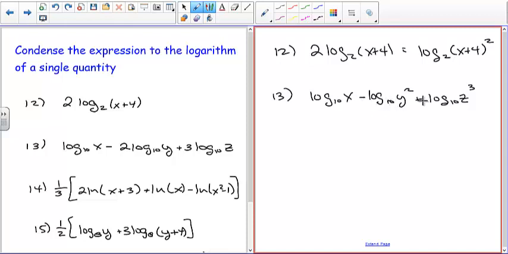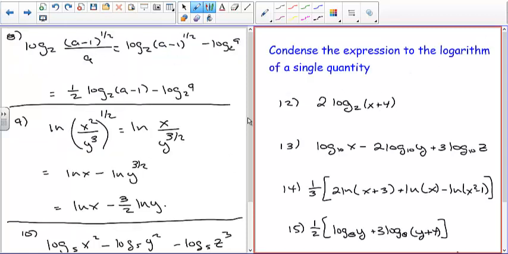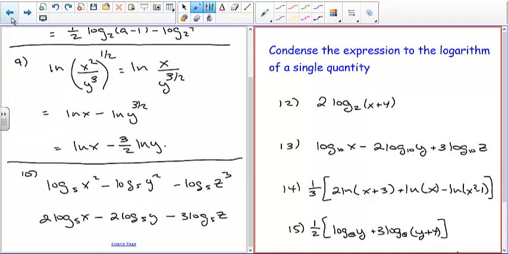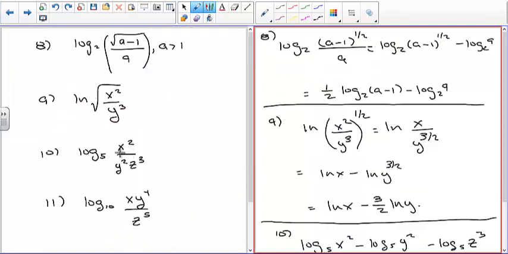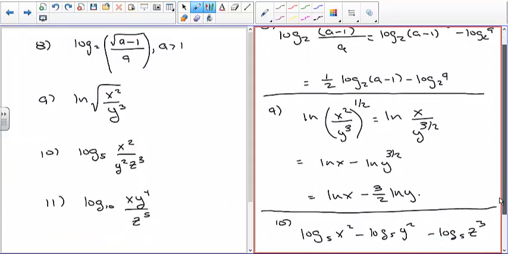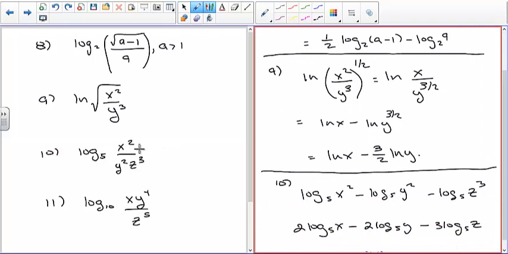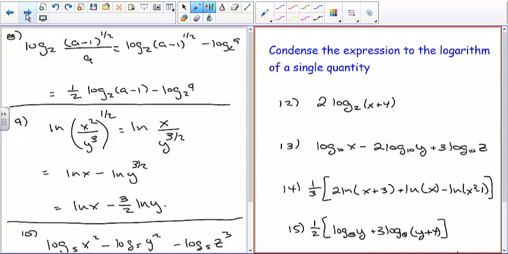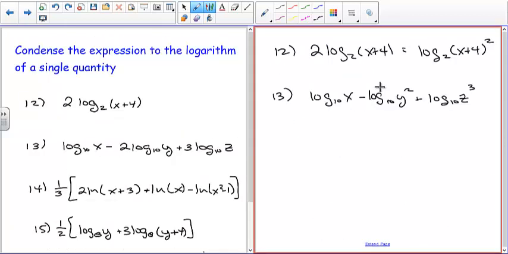Okay, then let's go back and see what we did here. Our original problem, number 10, was we had this and it expanded out into that. So what we're trying to do is go back to here. When we had a positive, it was the numerator, and when we had a negative, it ends up being in the denominator. That's the same kind of thought process here. This is negative, so that's in the denominator.